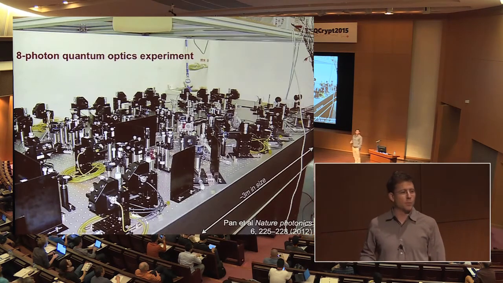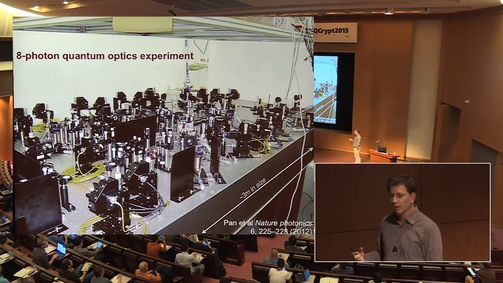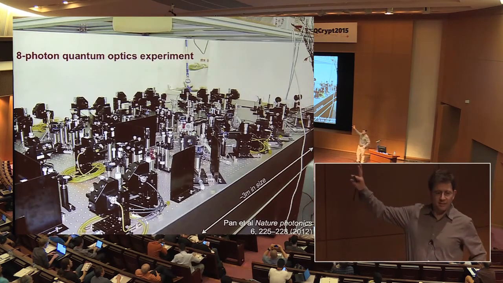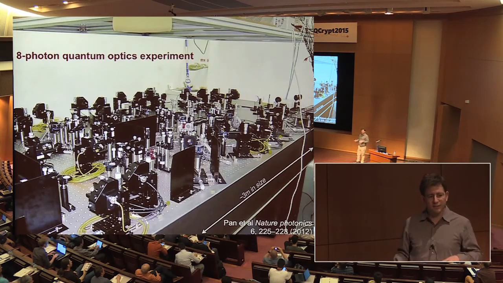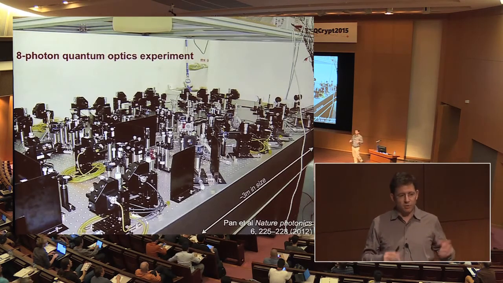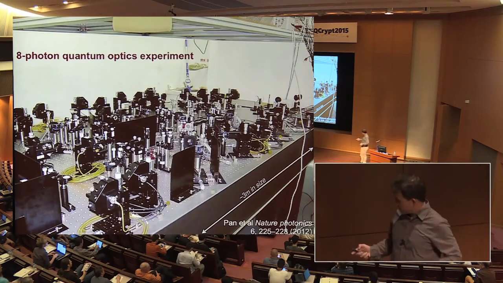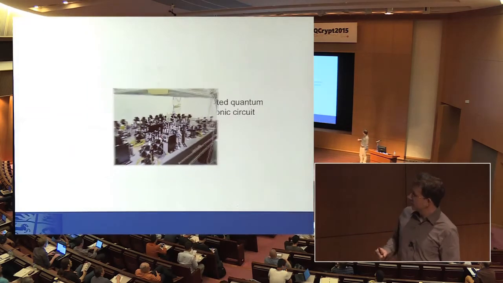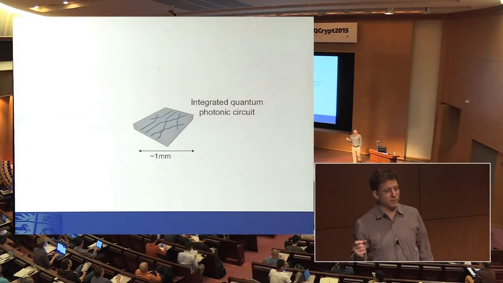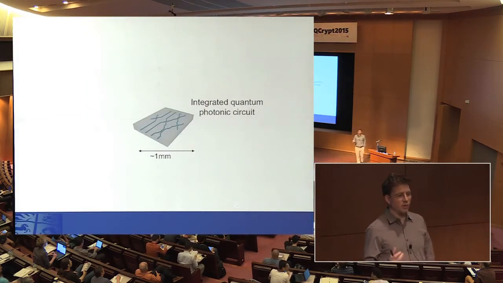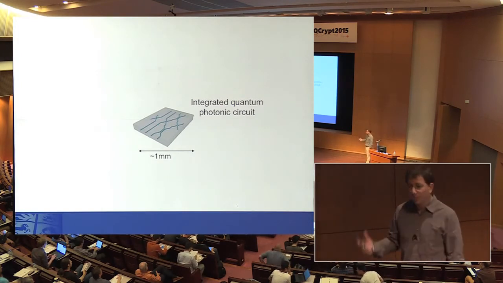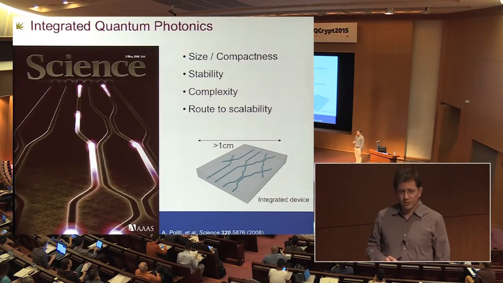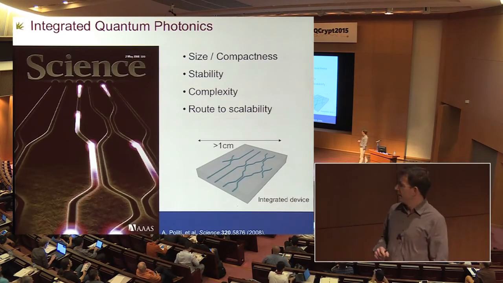So the way I go about motivating looking at integrated photonic technologies is taking these levels of complexity, and then bringing state-of-the-art photonic engineering approaches and principles, applying them to these sorts of experiments, and realizing miniature millimeter chip-based devices with all of that complexity on the chip that then allows us to scale up those experiments. This is work that we pioneered at the University of Bristol with the first results in 2008.